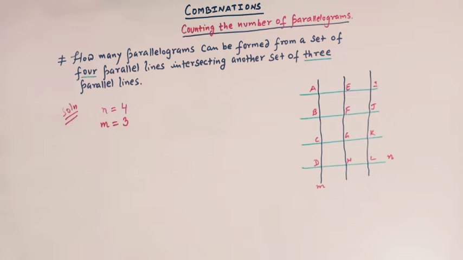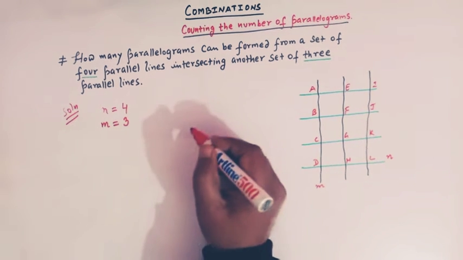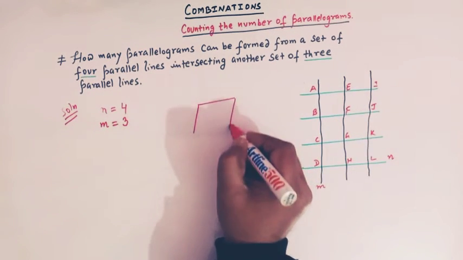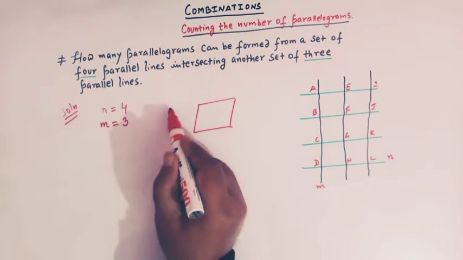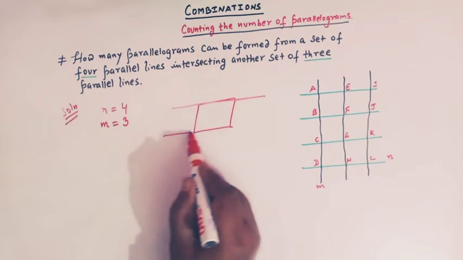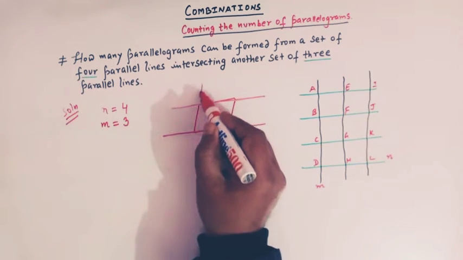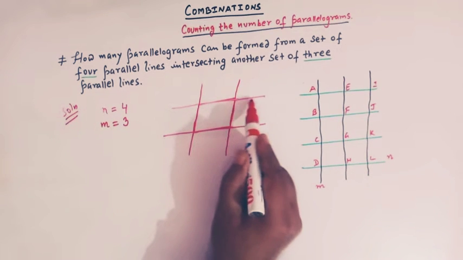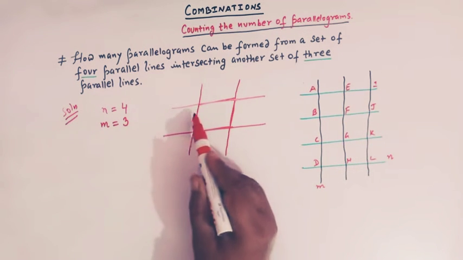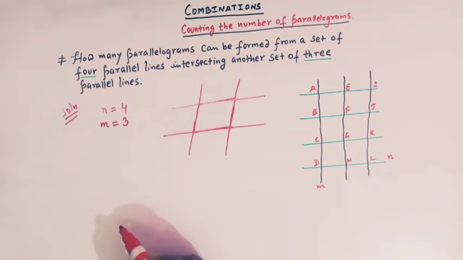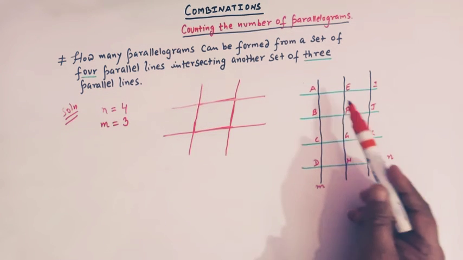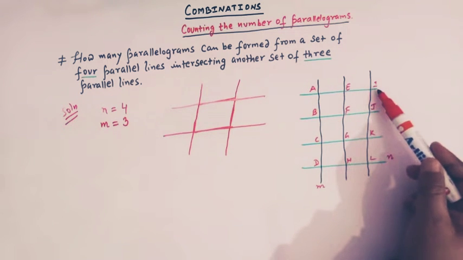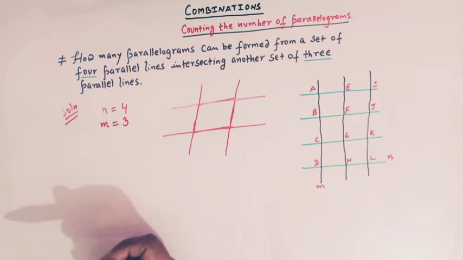Now one important thing is that a parallelogram has 4 sides. See, we have a parallelogram like this, and it has 4 sides, and the opposite sides are parallel. In order to form a parallelogram, we need 4 sides, and the parallelograms are formed by the intersection of the green lines and the black lines.